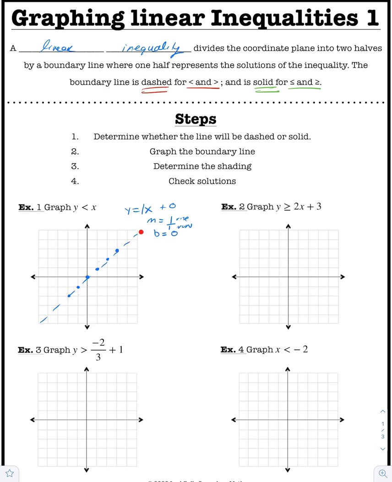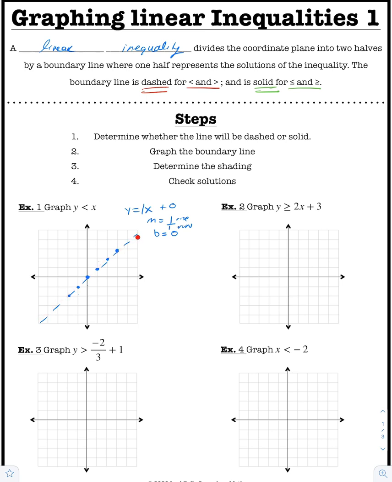So then you have to ask yourself, where are the y values less than x? Is it up here or is it down here? Because remember, this is the boundary line, and it divides the coordinate plane into two halves. This is one half, and this is one half. And we have to determine which half is going to have our y values less than x, meaning this line.